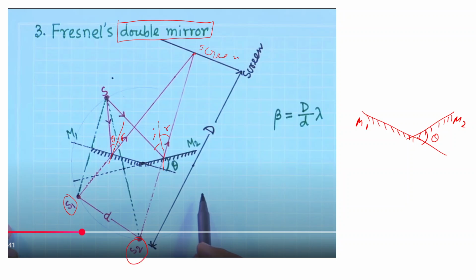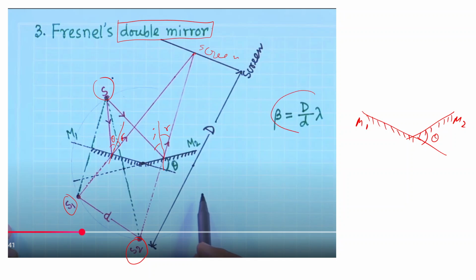So using a single source, the waves we get after reflection behave as if they are coming from two independent sources, and thus they will be coherent and give an interference pattern. The distance between them is shown as d.